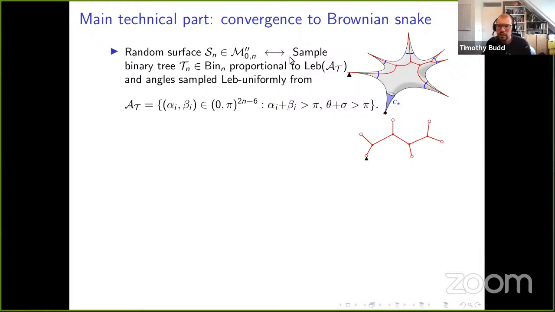And we just said that that is the same as sampling a random plane rooted binary tree, Tn, with a probability that is proportional to the Lebesgue measure on this polytope of angles that it allows, that satisfy 2 constraints that I showed before. And then on top of this random binary tree, we sample Lebesgue uniformly from this set of angles, random angles, that we put on the tree.